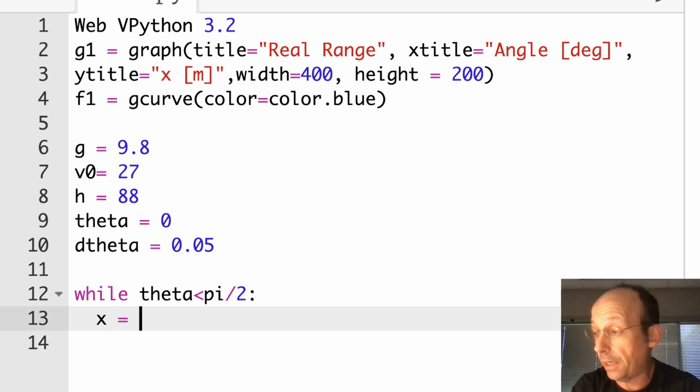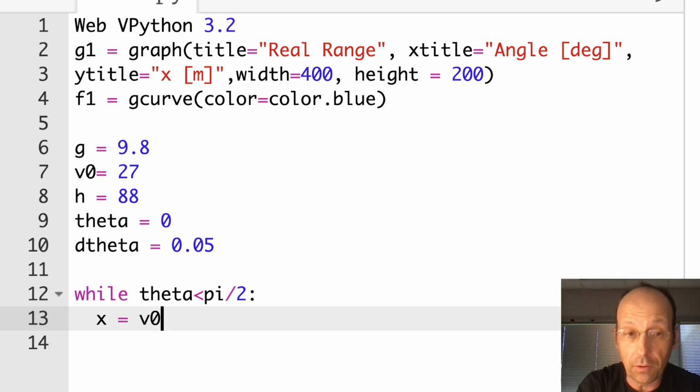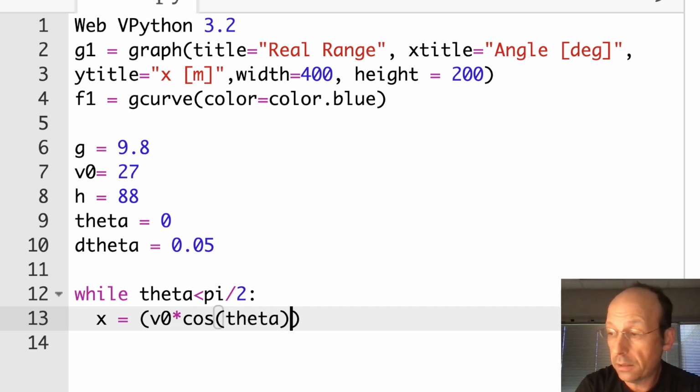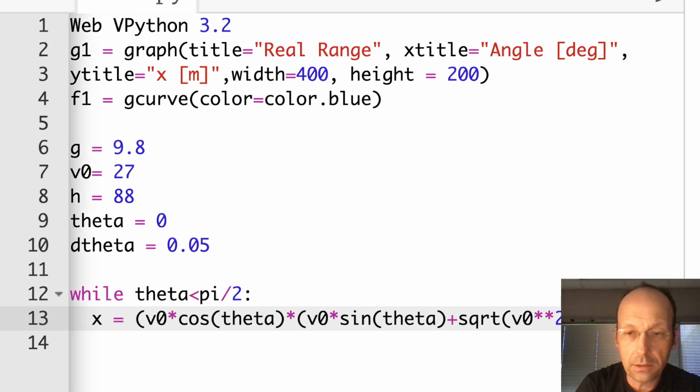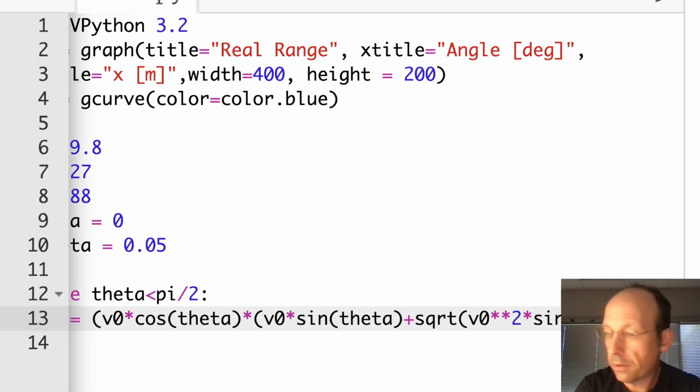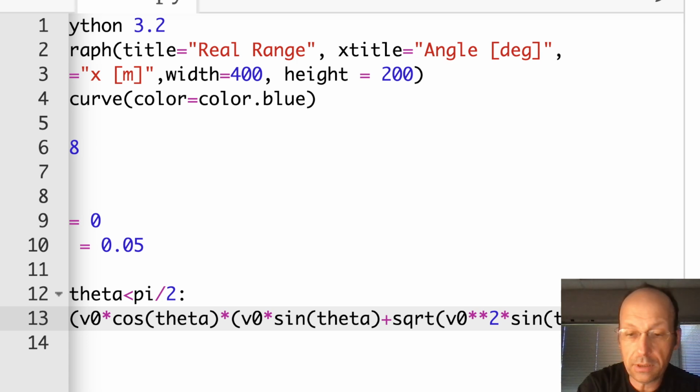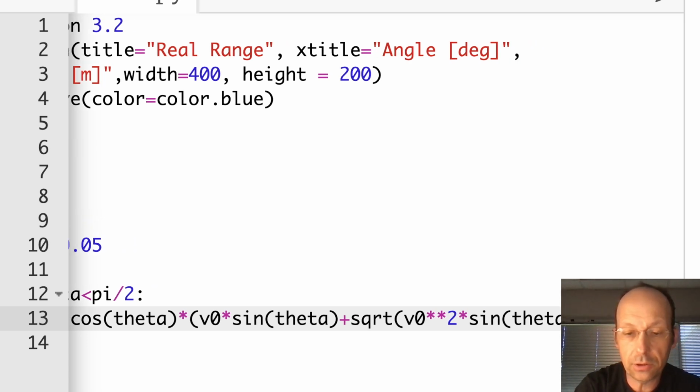X equals, I'm typing it in, I'm looking at it, v0, parentheses, v0 times cosine theta times v0 times sine theta plus the square root of v0 squared times sine theta squared plus 2 times g times h.